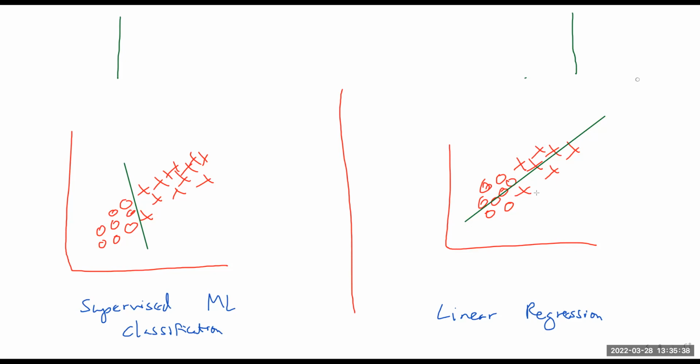You see that? Because its objective is not to differentiate. It's only to create a straight line. That's linear regression. Whereas with supervised machine learning classification, where we do have zeros and X's, its objective is to differentiate between two groups. And then it still creates a line just like this one, but a line that best separates the zeros from the X's.